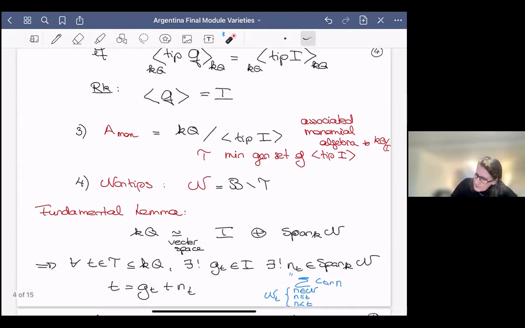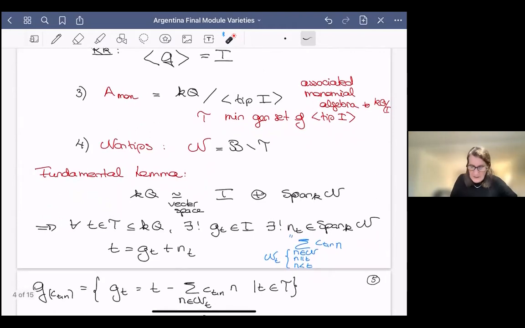Furthermore, because N_T is an element in the span of these things, it's going to be a sum of n with some coefficient c_tn, and the indexing set is given by all n parallel to t and n less than t. This comes from this equality, but I don't want to go into these details, it's not important. But what is important is that somehow we have these coefficients here.